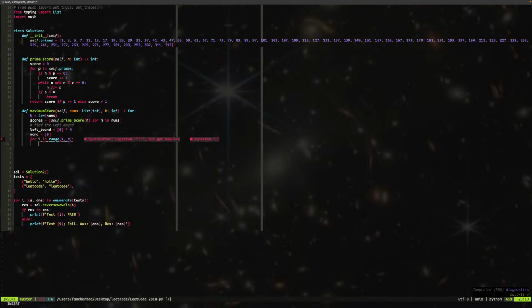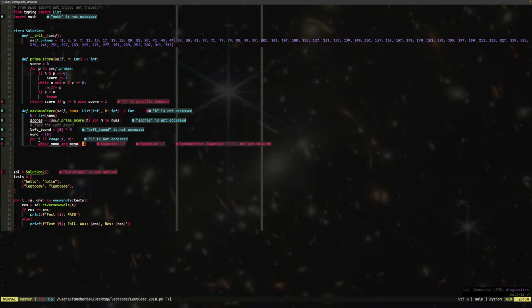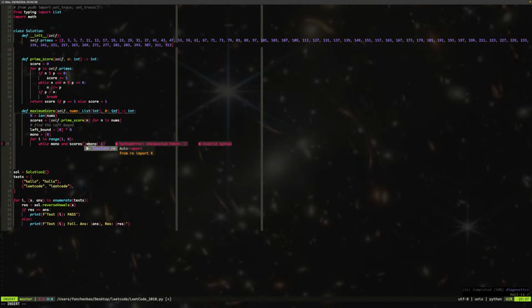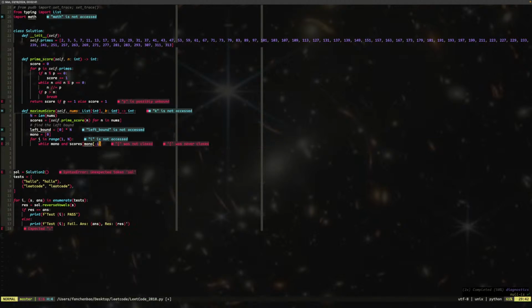For every single index, what we're going to do is monotonic decreasing. So we say while mono and mono minus 1, the scores, because we don't care about the index.